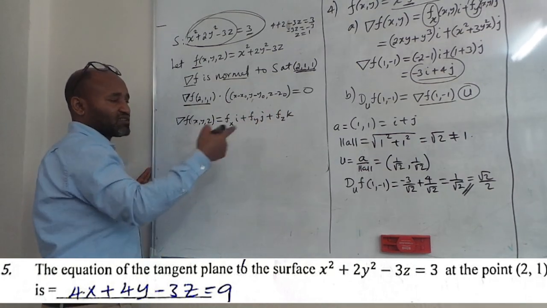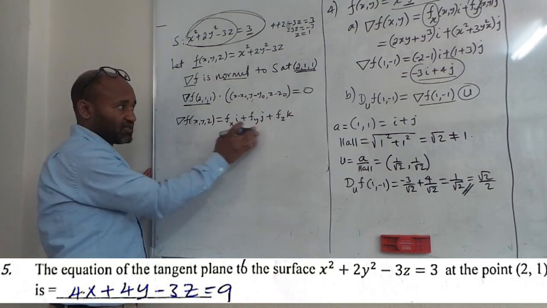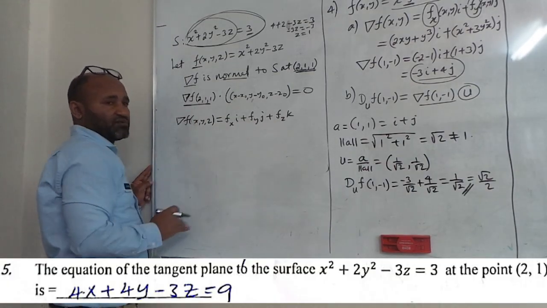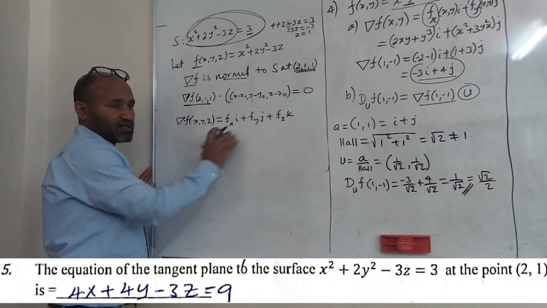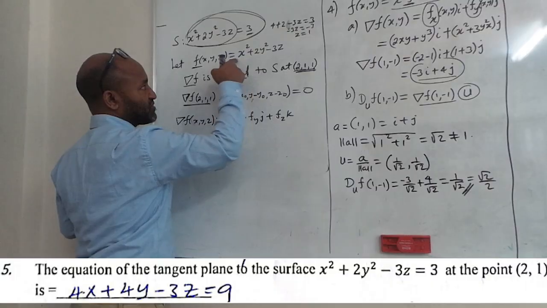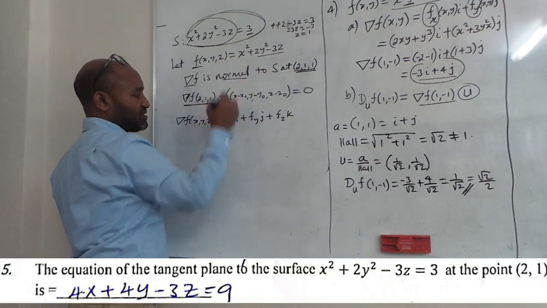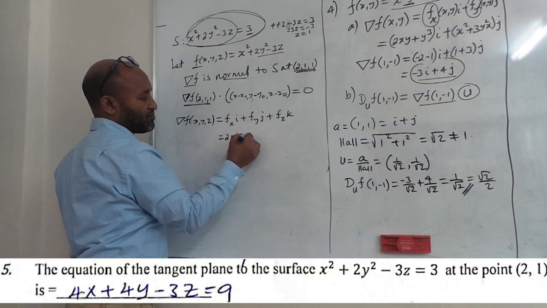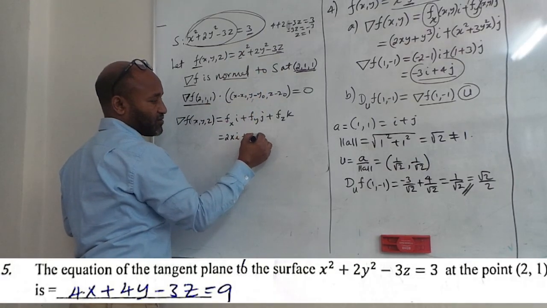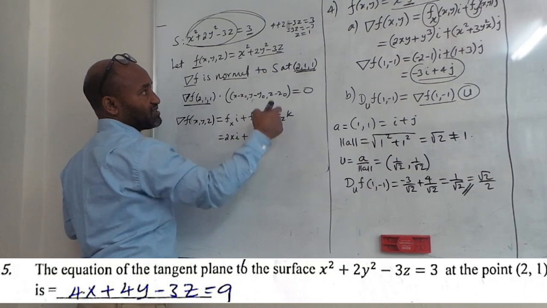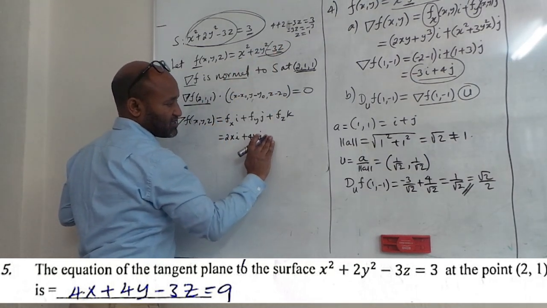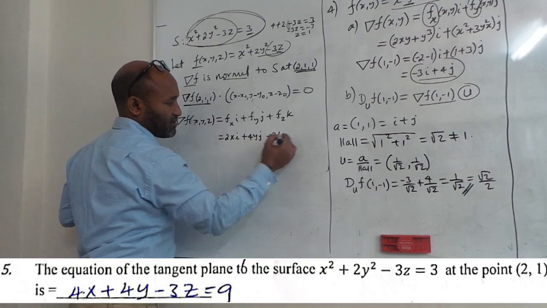Informally, this is the informal written form, but it's understood. So what's fx? The partial derivative with respect to x: this is a constant, so 0. That will be 2x in the i, plus fy: this is a constant, the derivative of 2y square is 4y in the j, plus fz: the derivative of this one, the others are constants, is minus 3. So here it is minus 3 in the k.